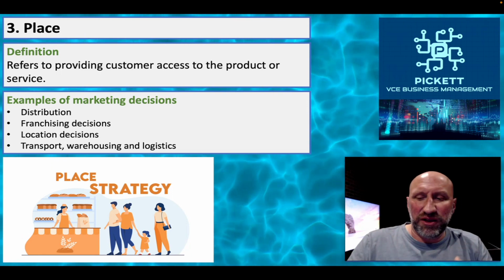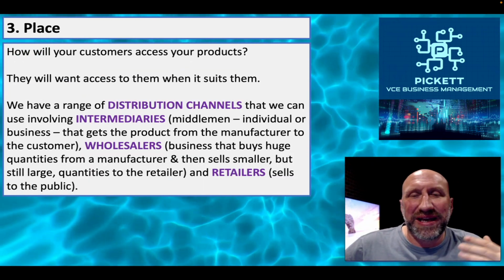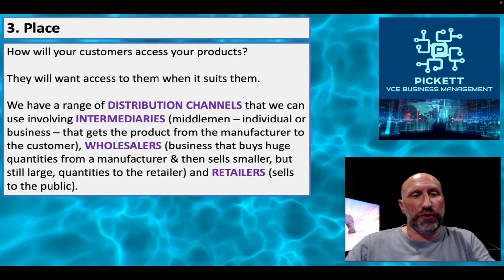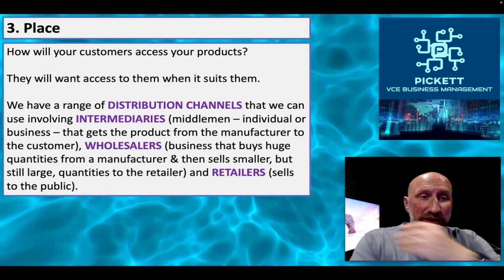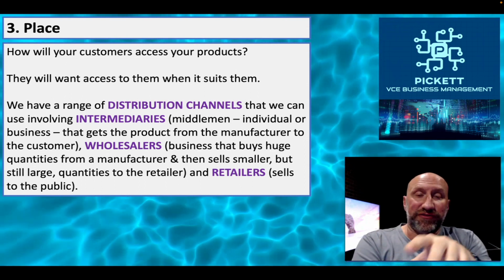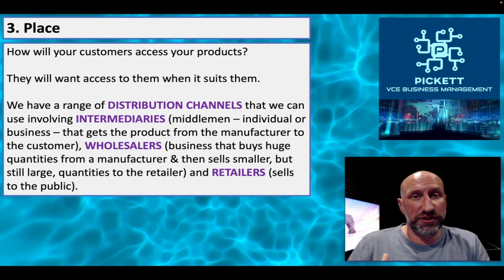So decisions around that fall under place. What you're trying to work out here is how your customers are going to access your products. At the end of the day, they're going to want to access them when it suits them.